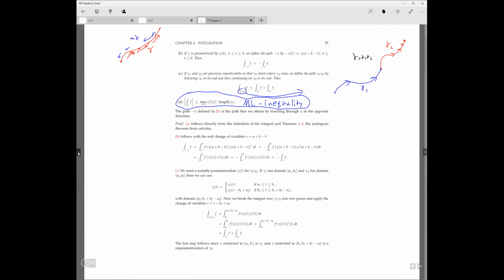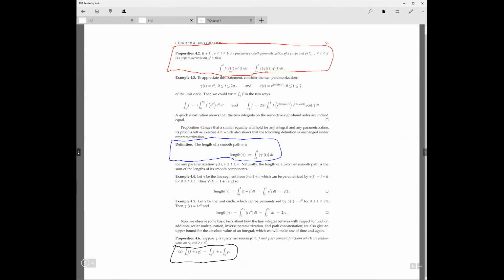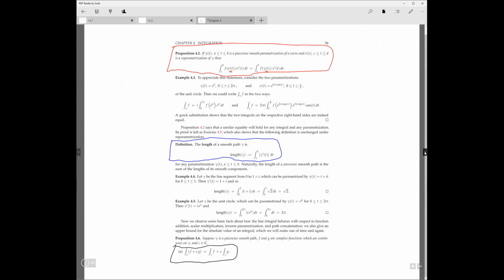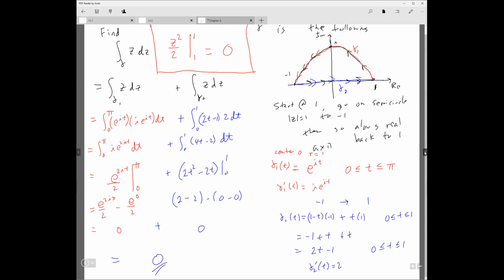But if you look at it in terms of the original function, this function right here is not defined right here at i, and then the path encloses that. That's another way to look at it. If your original function is holomorphic almost everywhere except at some point inside that's enclosed by this path, then doing this is not going to work, or it might not work, or probably not going to work.